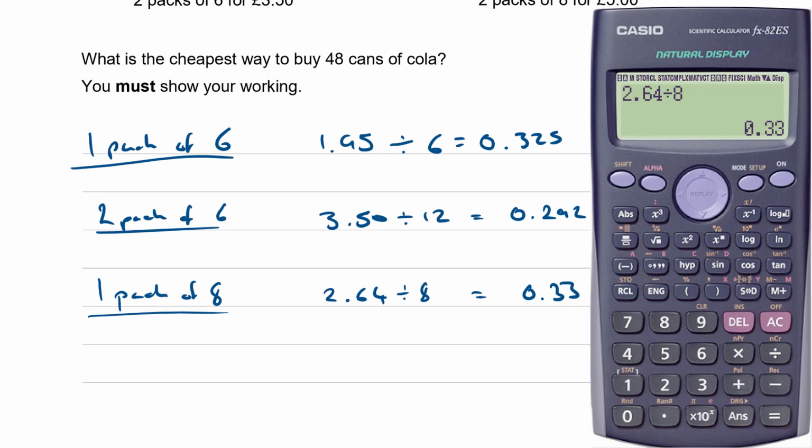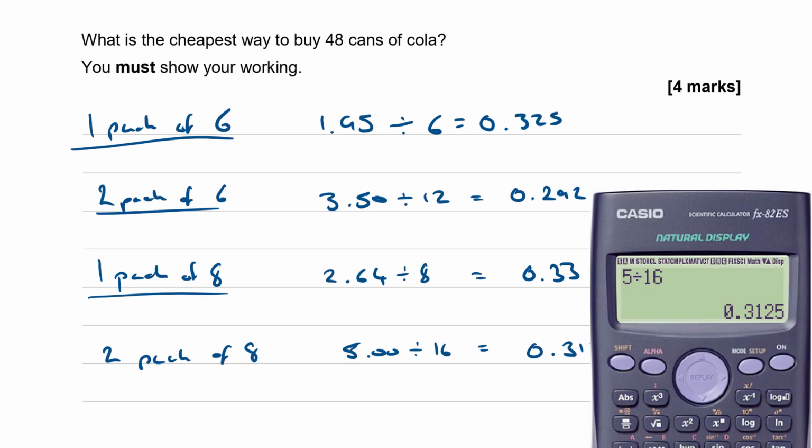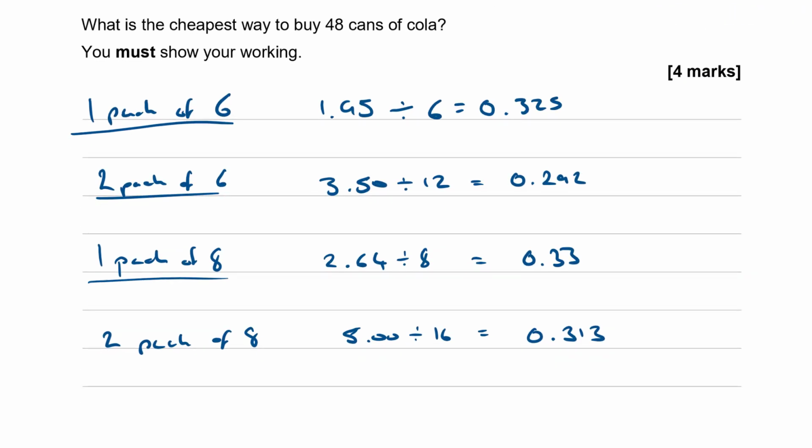And then finally, 2 packs of 8 cost £5, and altogether there are 16 cans in 2 packs of 8. So 5 divided by 16 gives me a unit cost of 0.313, rounding to 3 significant figures as well. So now we've got our 4 different unit costs.